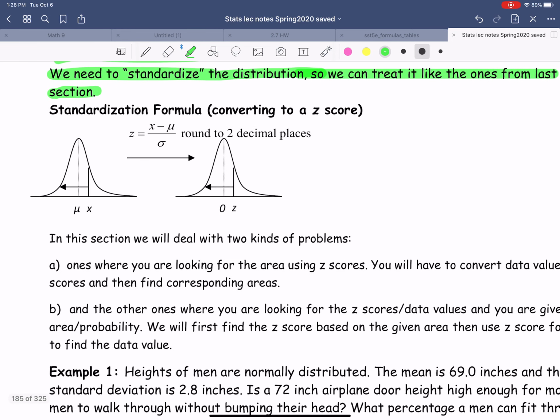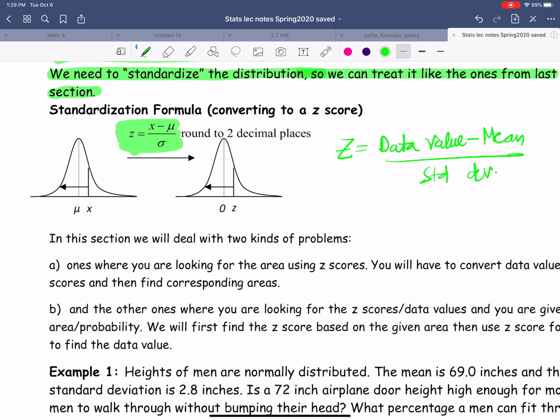We will convert our data values into z-scores using the z-score formula: z equals data value minus the mean, divided by standard deviation.